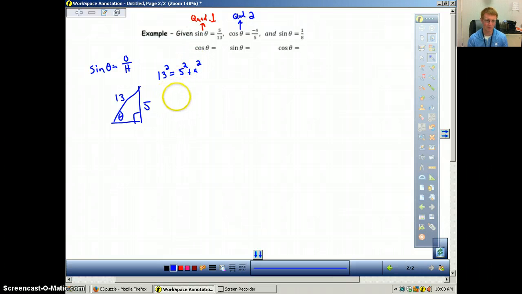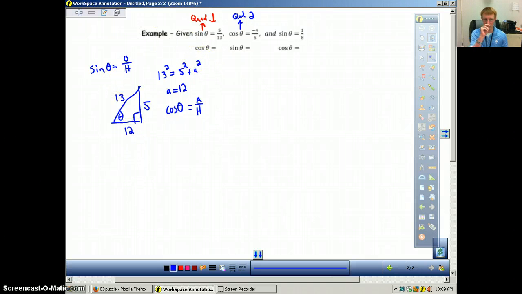So when we solve for that, and I'm not going to spend my time doing that, you guys can do the Pythagorean theorem just fine. You get a equals 12. So when we do cosine of theta, which is what we're looking for, cosine of theta is equal to adjacent over hypotenuse, which is going to be 12 over 13.